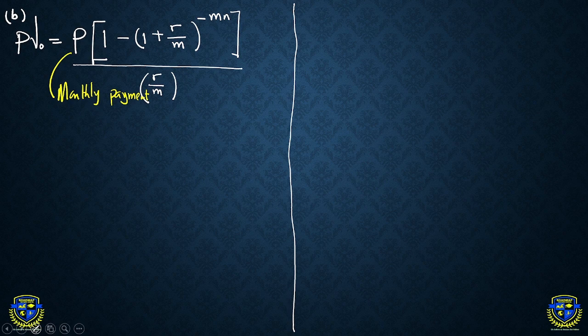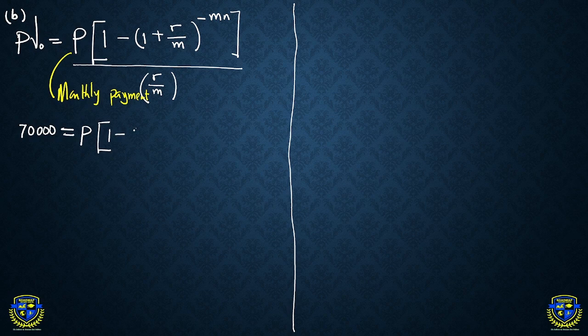So our loaned amount there is 70,000, equal to P, the value we want to calculate.